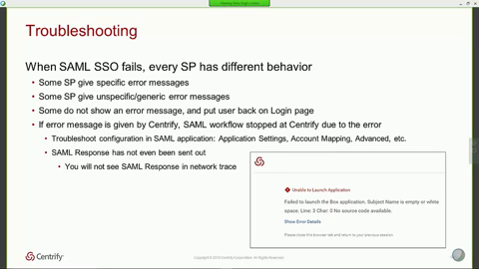So what will we do in that case, when whatever we see on the screen tells us single sign-on has failed? What can we do? The first thing I will ask you guys to do is to see who is showing that error message. Is this Centrify giving this message, or is the service provider giving that message?